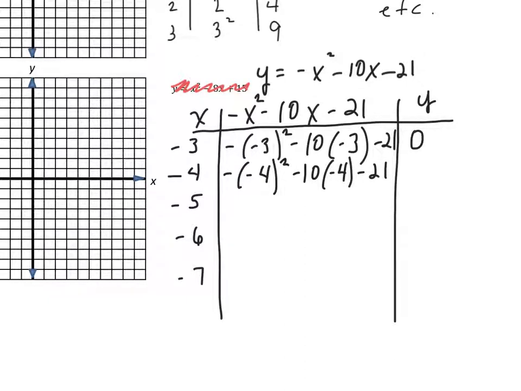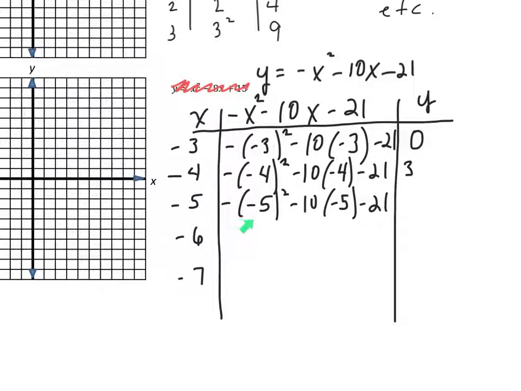So here I filled in negative 4 in the same manner, and evaluating that gives 3. Please verify that you know how to work all this out and get the values on the y side, either in your head or using your calculator.